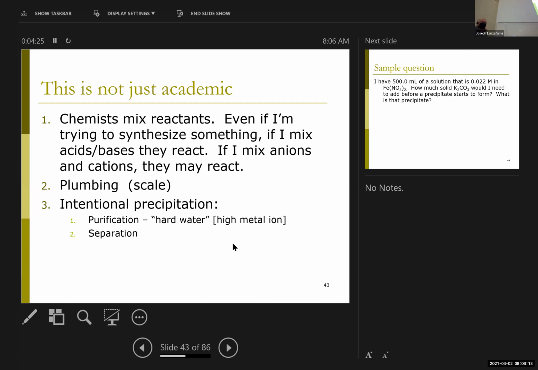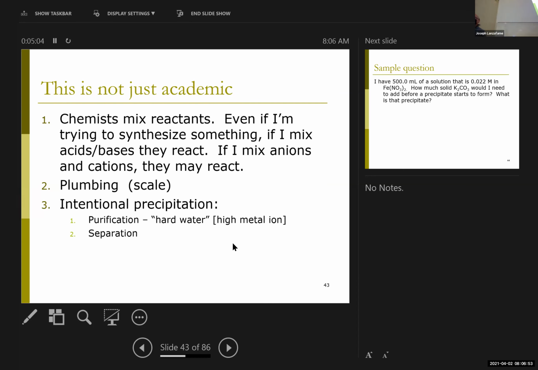Hard water is really just another term for a high metal ion concentration. And so one way to soften your water is to precipitate the metal ions out by adding some convenient anion. And in fact, a lot of the home systems use hydroxide as a means of precipitating the metal ions that are in the water. And as we will be talking about shortly, this is also, well, I'm going to change tenses.